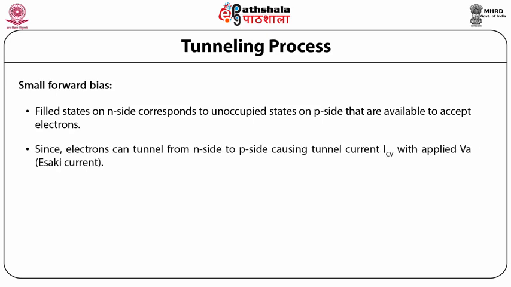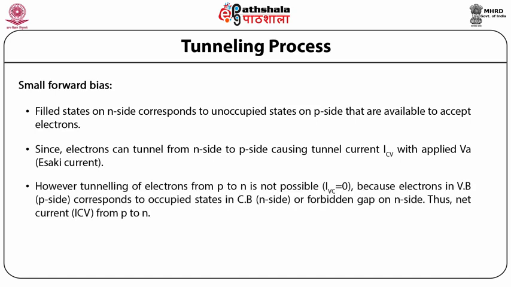Therefore, electrons can tunnel from the N side to the P side, causing the tunnel current to increase. That is, ICV will increase with the applied bias voltage VA. This type of current is also known as the Esaki current.